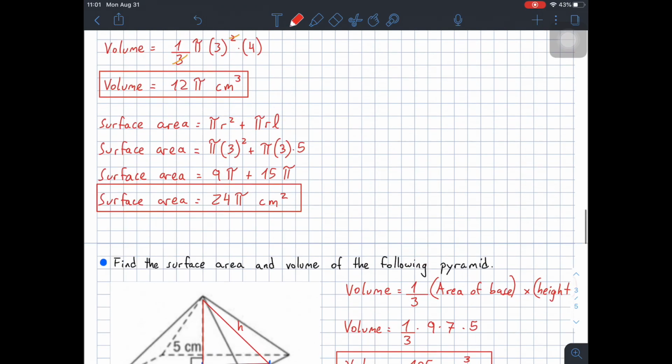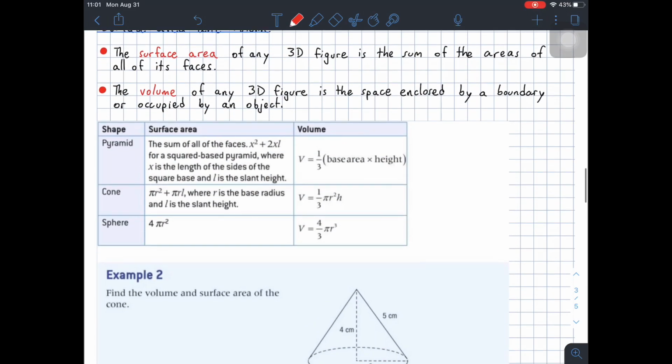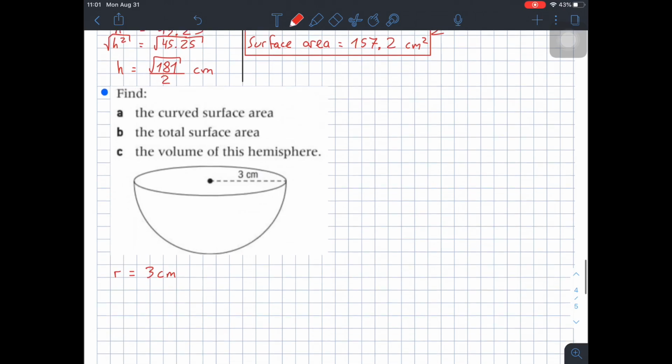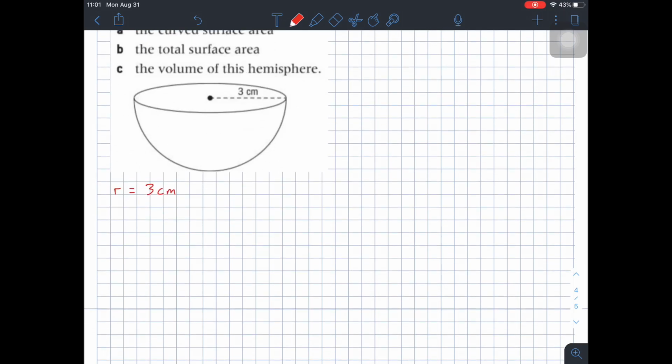If you remember, from the formulas we had for a sphere, this is the surface area formula, and this is the volume formula. So let me write this here. Surface area of sphere.